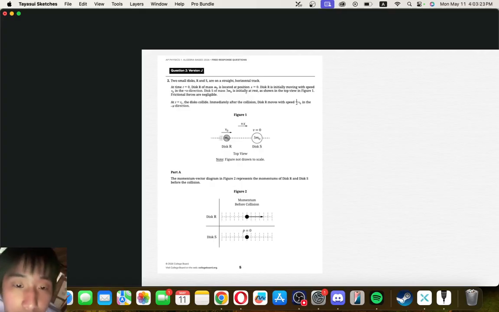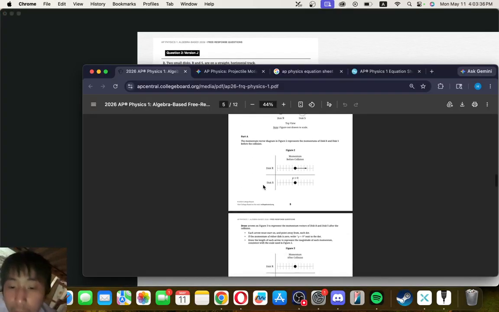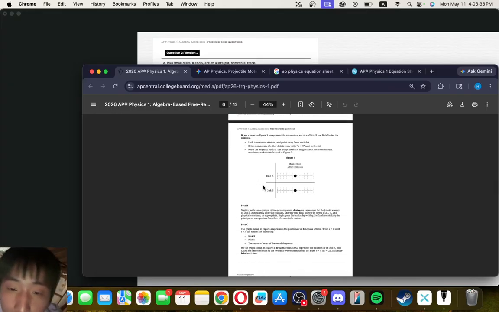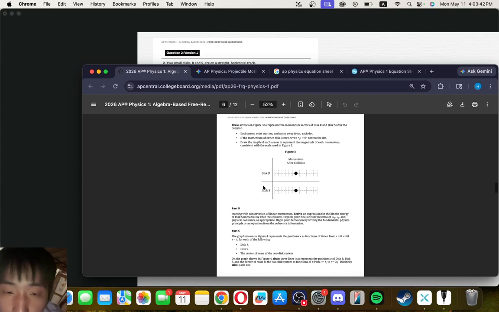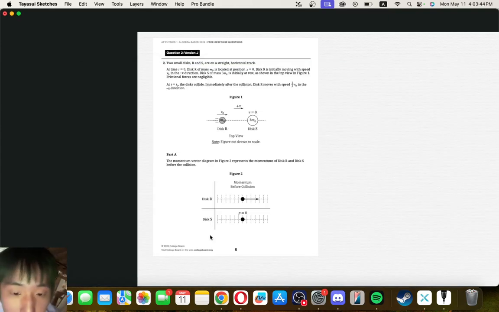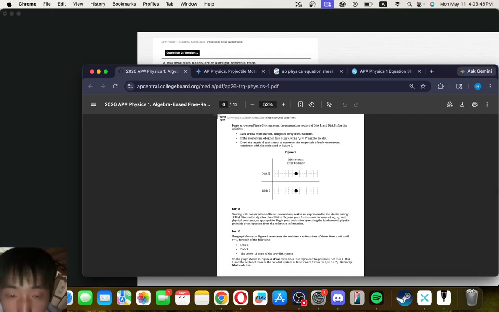At t equals t1, they collide. Immediately after the collision, R moves with speed 1/2 V0 in the negative x direction. The momentum diagram represents it. I didn't even screenshot any problems. Okay, the question is, draw arrows on figure 3. I should probably take a picture of that.